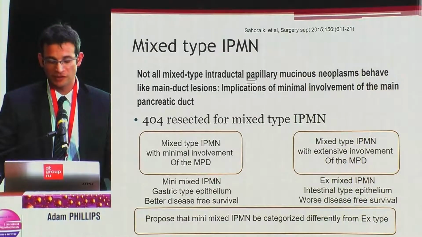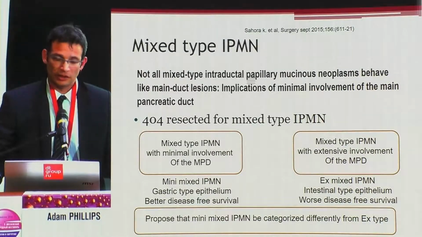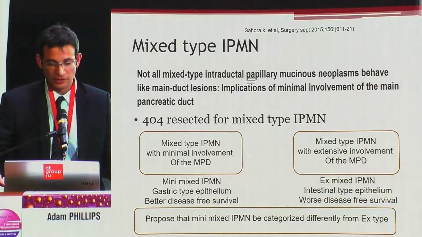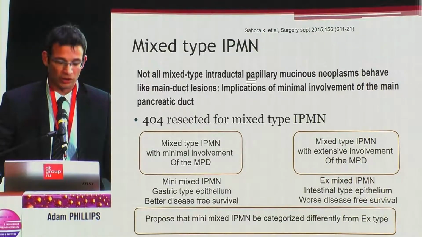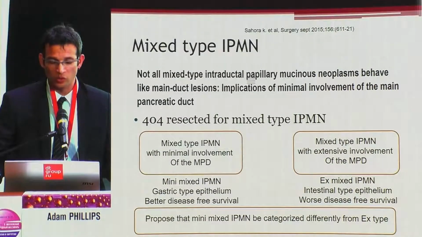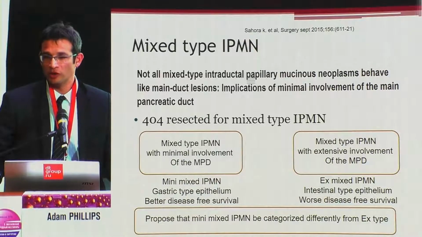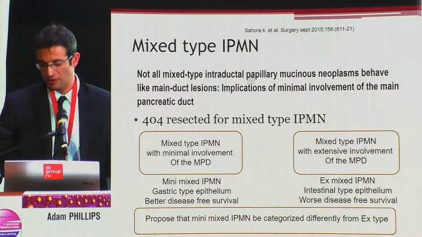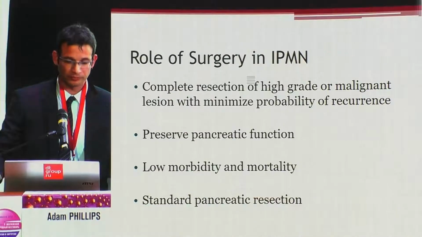So these patients are different. I can't say how we can differentiate them before surgery, but we should know that in mixed type IPMN, we are not talking about the same patients, and there are subtypes.